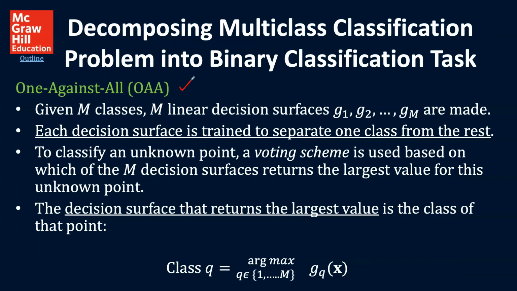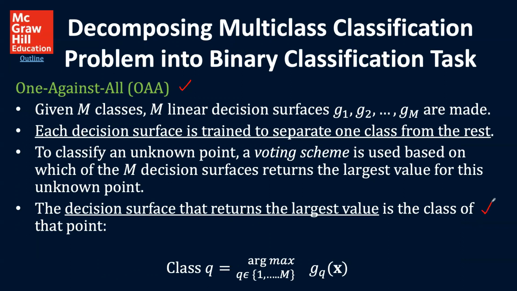Given M classes, M linear decision surfaces are made. Each decision surface is trained to separate one class from the rest. To classify an unknown point, a voting scheme is used based on which of the M decision surfaces returns the largest value for the unknown point. The decision surface that returns the largest value gives the class of that point.